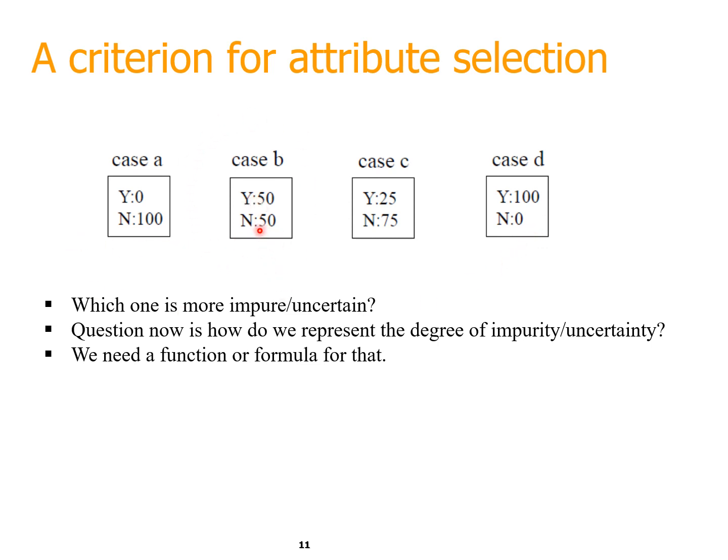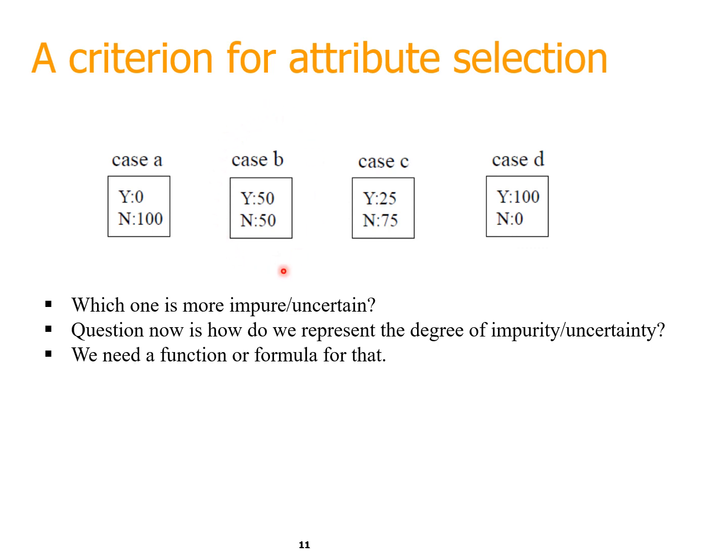Why? Because in this case, it is very unclear, very impure. We have half yes, half no. This is a very unclear situation, so impurity or uncertainty is maximum. So the function of the degree of impurity must return a very high value for this case. Finally, for this last case, the output of that function should be somewhere between this and this.